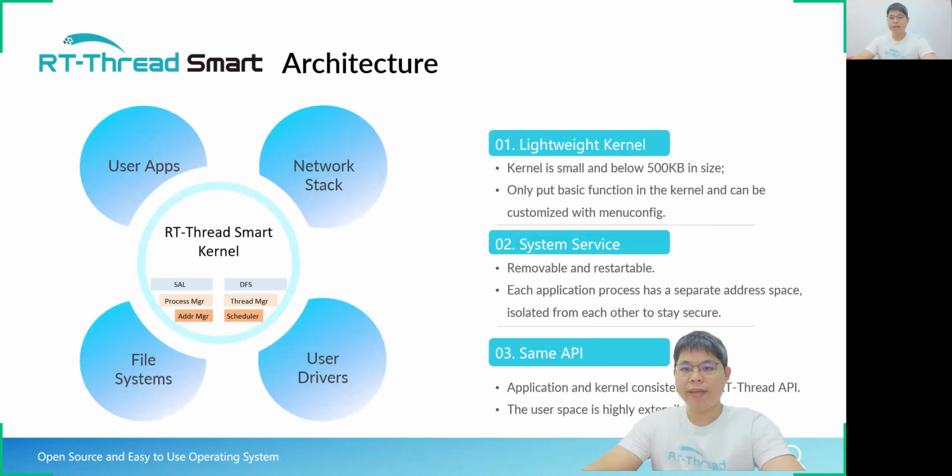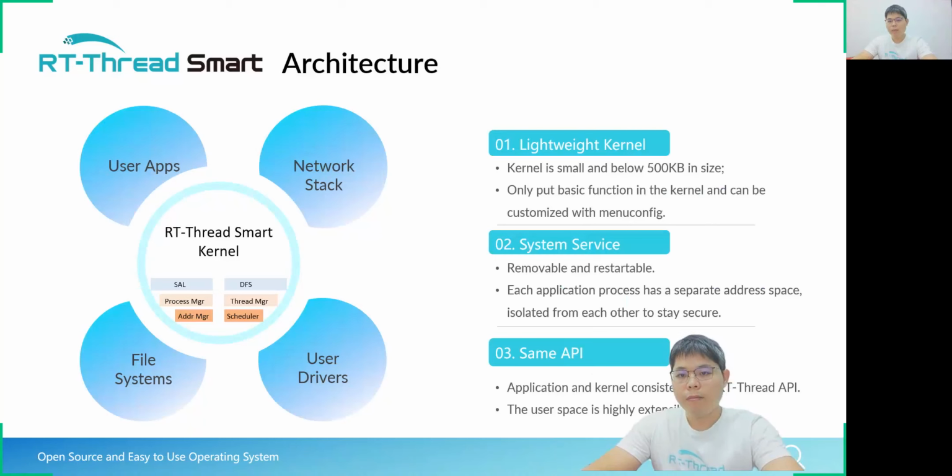As displayed in the basic architecture of RTOS Smart, you can see it includes two modes. One is the kernel mode, the other is the user mode. For the kernel mode, the kernel only retains the basic functions such as process management, thread management, address management, and so on. So the kernel is very small in size, less than 500 kilobytes.